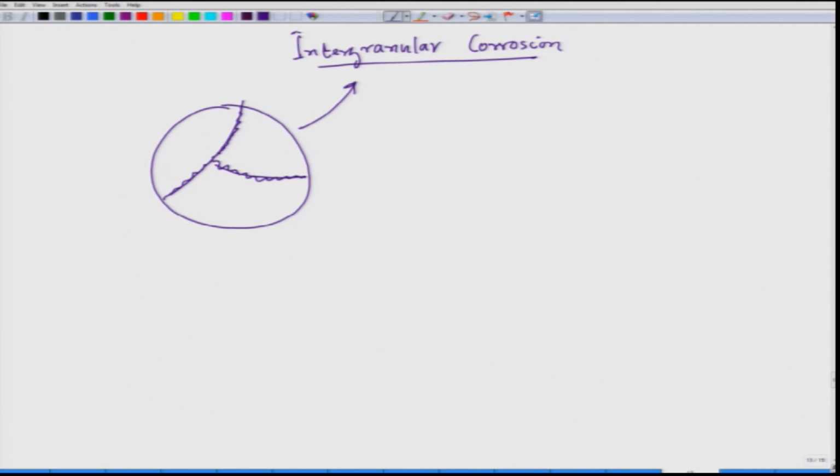A classic example is 18-8 stainless steel. 18% by weight is chromium and 8% nickel. When we have 8% nickel, the structure becomes austenitic stainless steel, and this austenitic stainless steel can be made at a very low carbon content or moderately high carbon content.